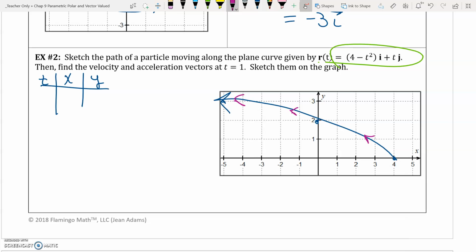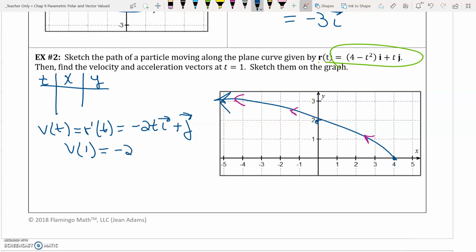Okay, so now let's find the velocity vector. So v of t is going to equal r prime of t. So that is going to be negative 2t i plus j. And then we're supposed to find the velocity and acceleration at t equals 1. So let me just do v of 1 while I'm here. So I get negative 2i plus j, because the j direction is a constant.